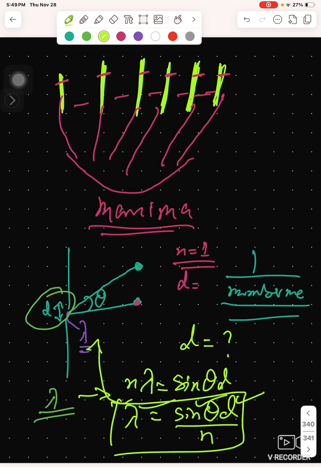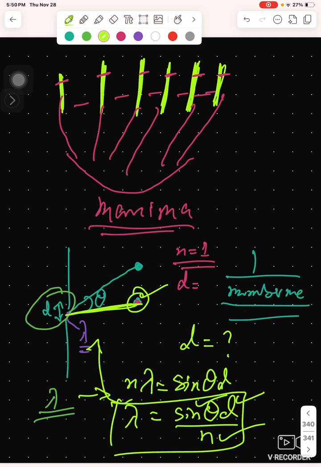Theta is given, and n is the order we are looking at, the first order from the center. Remember that when we take first, second, third order, we are comparing it to the center order. We say third order from the center, second order from the center, fourth order from the center. Orders are compared with the center order.